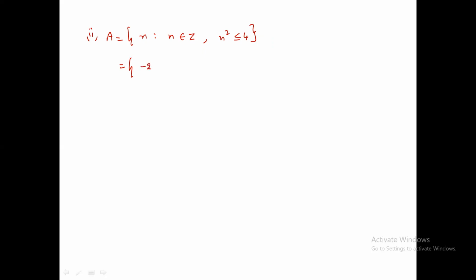Minus 2 square is 4. Minus 1 square is 1, which is less than 4. 0 square is less than 4, so I can take that. 1 square less than 4. 2 square equal to 4. I can take these.